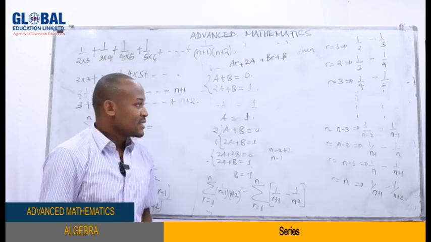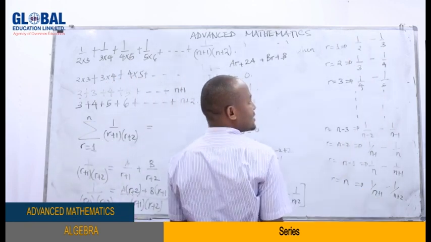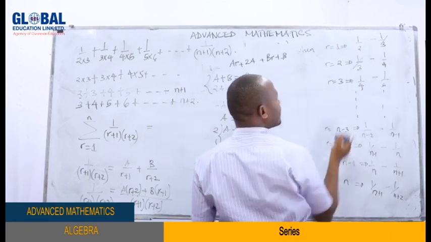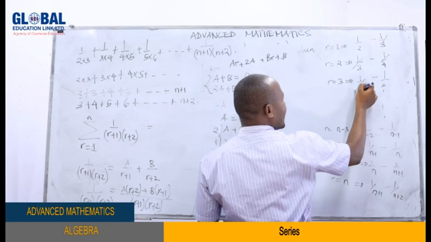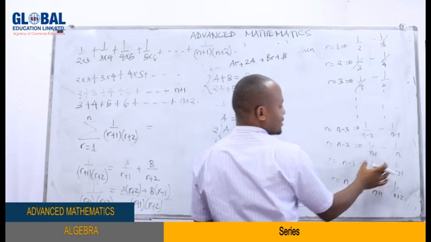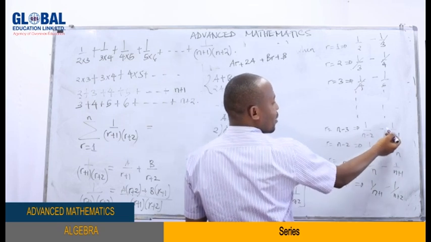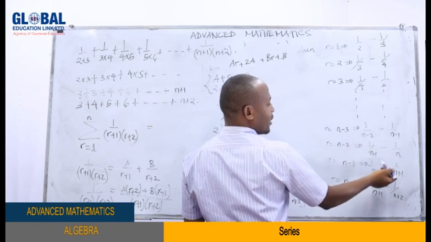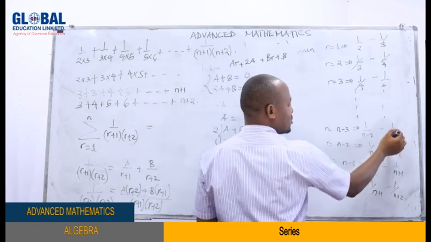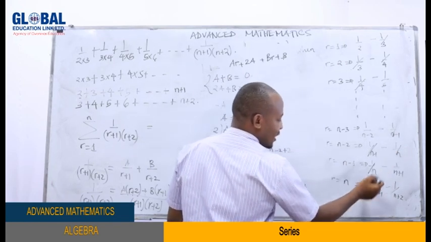Now, you will find that if we try to add all of this, this is negative and that is positive. That means this and that will go, as will this and that. All the terms in between will go. Adding the terms, this and that will cancel each other, and also this and that one.